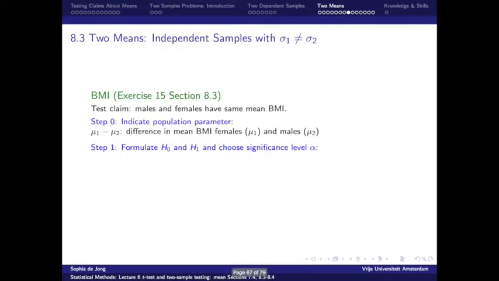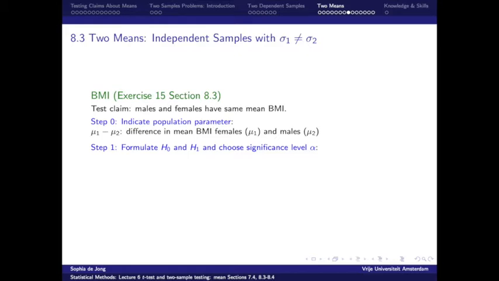Let's do an example. We want to test the claim that males and females have the same mean BMI, body mass index. Step 0 is to indicate the population parameter. Well, we have two samples, a female sample and a male sample, and our population parameter is mu1 minus mu2, the difference in mean BMI of females, that's mu1, and males, mu2.